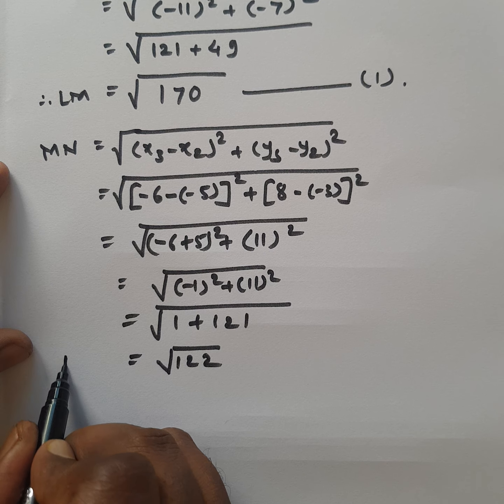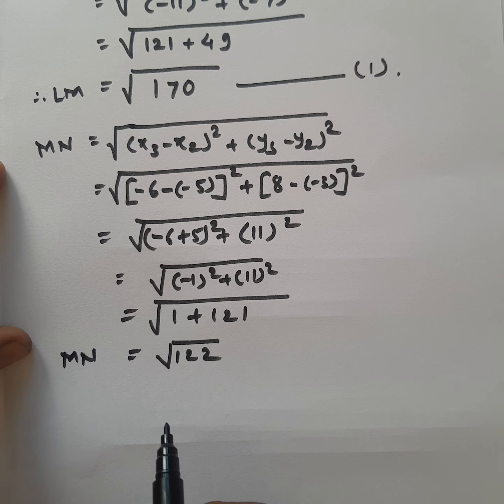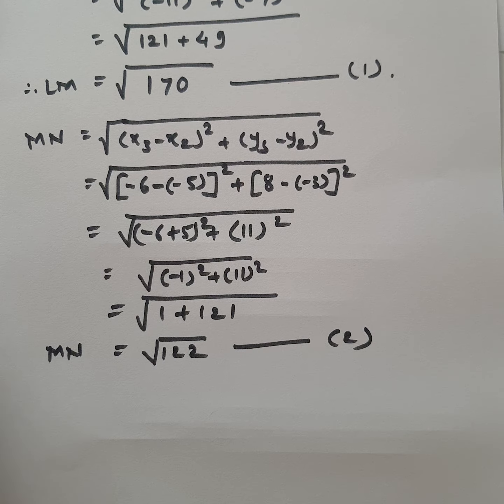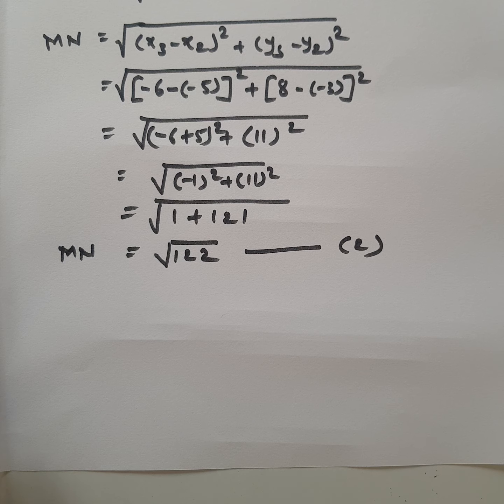Root 122 is the value of MN, that is the length of side MN. Give number 2 to this value.